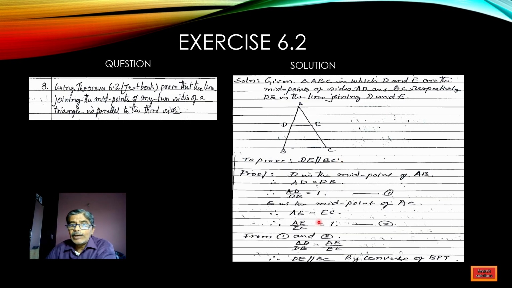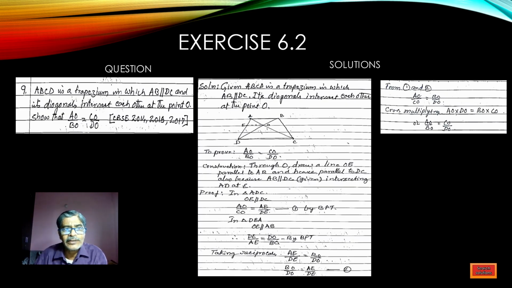Therefore, AE by EC is equal to 1, we will call it 2. So from 1 and 2, AD by DB is equal to AE by EC. Therefore DE is parallel to BC by converse of BPT.